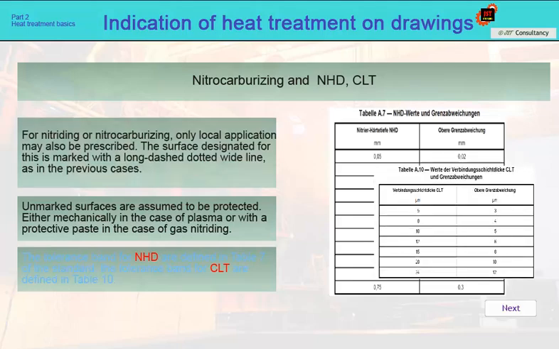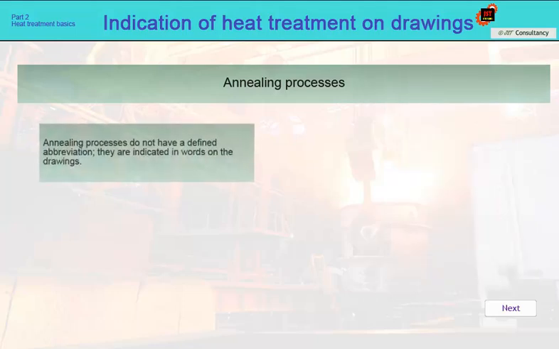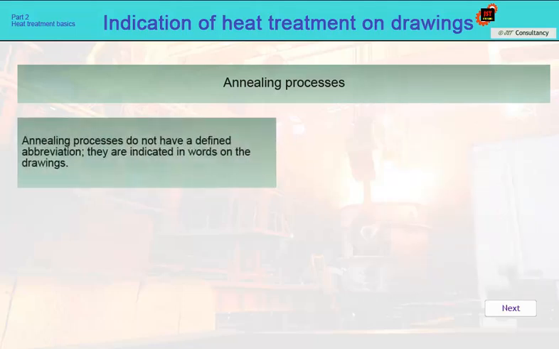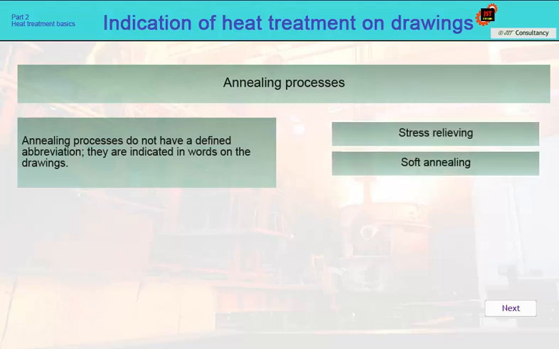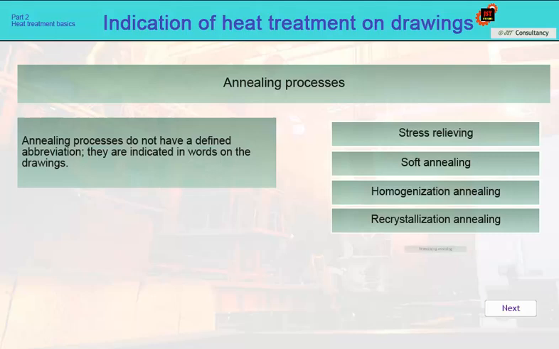The last chapter is the designation of annealing operations on drawings. These do not have a defined abbreviation and are listed verbally on the drawings. These include, for example, the following terms: stress relieving, soft annealing, homogenizing annealing, recrystallization annealing, or normalizing annealing.